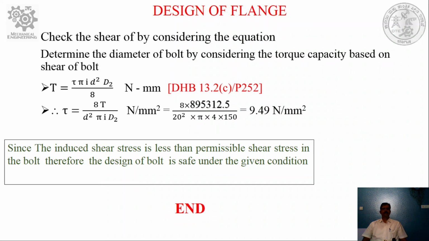Next we use the empirical rules to determine the dimensions of the hub, the dimensions of the flange, the dimensions of the bolt and the number of bolts, and we check the induced stress in the hub, the induced stress in the flange material, and the induced stress in the bolt material. Once the induced stresses are less than the allowable stress, the design is safe under the given condition.